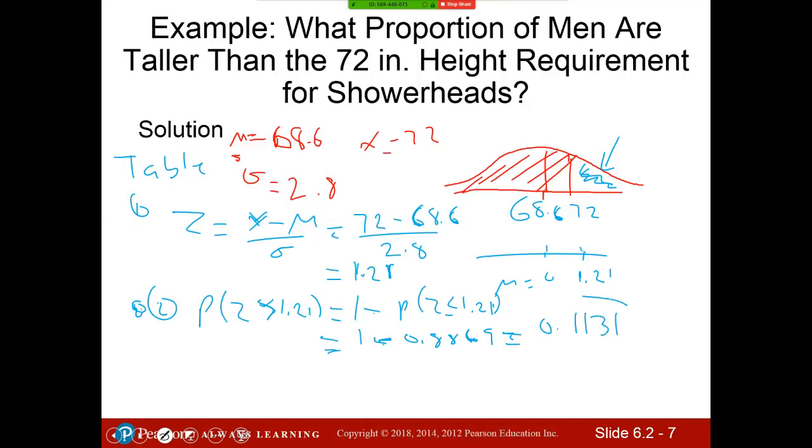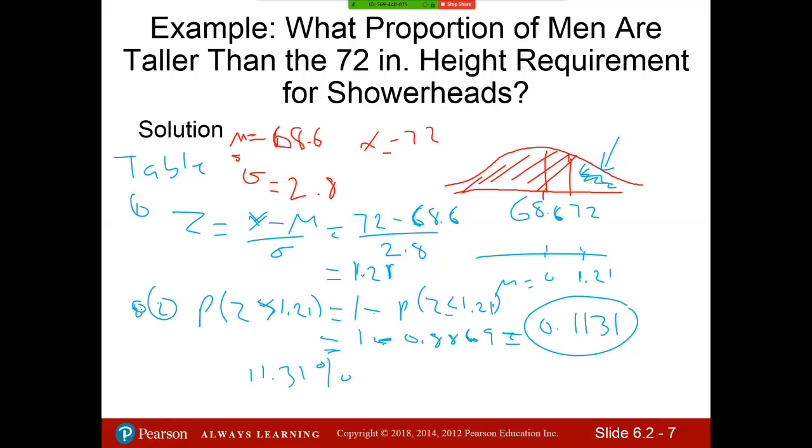Okay, so this is my probability. It means that 11.31% of the men are taller than 72 inches, the shower height requirement in the US.